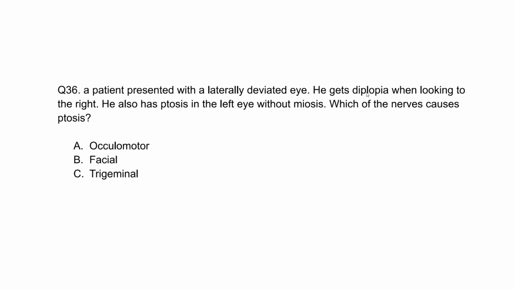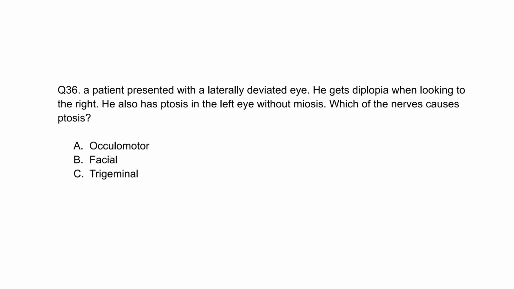We have a patient presenting with a laterally deviated eye. He gets diplopia when he looks to the right. He also has ptosis in the left eye without miosis. Which of the following nerves causes ptosis? So again, very quickly, in order to not spend too much time on simple recall, any case of ptosis is going to be mediated by the oculomotor.